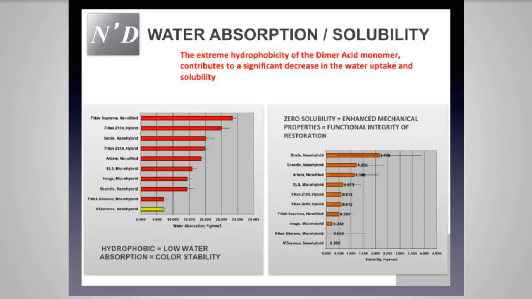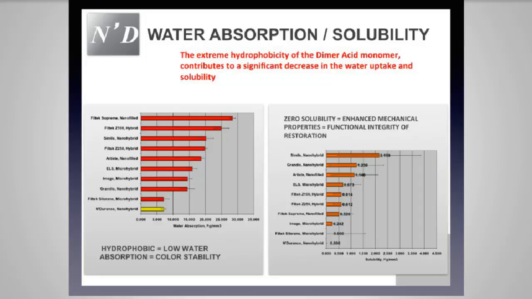The study measured composites such as Estelite and Filtech and Herculite and Grandioso and TPH, and it found that Endurance had the least likely stain capability.